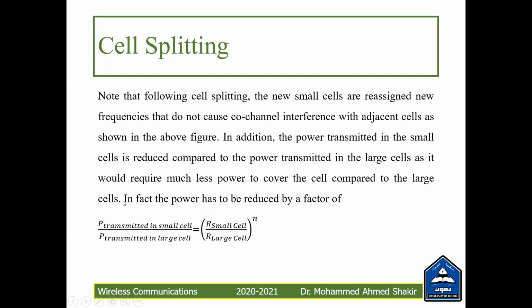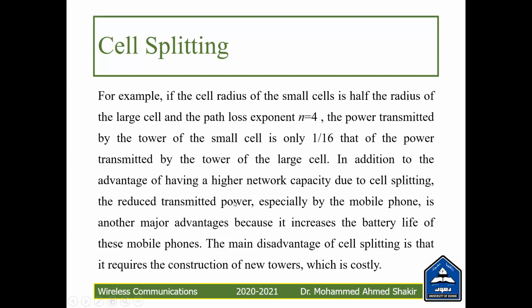In fact, the power has to be reduced by a factor of P transmitted in small cell divided by P transmitted in the large cell, which equals R small cell over R large cell, raised to power n.